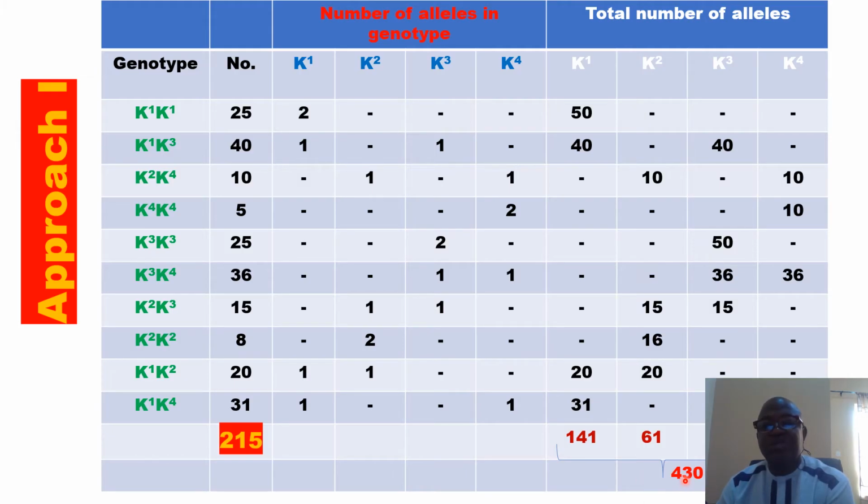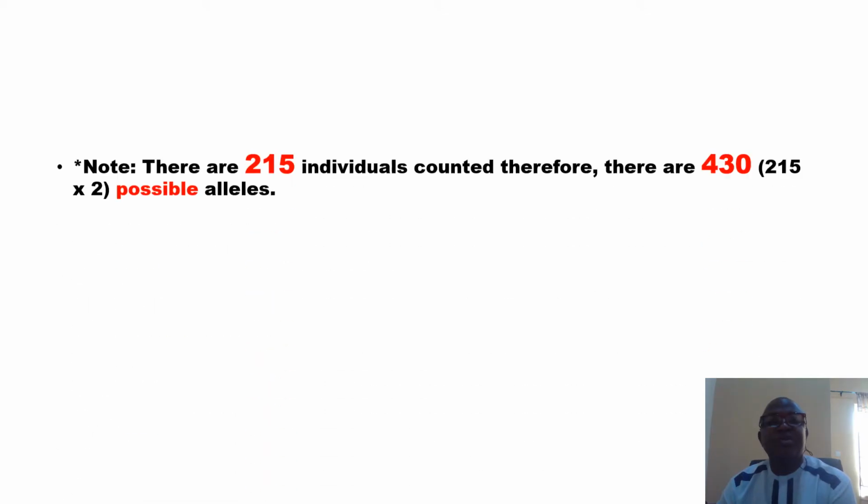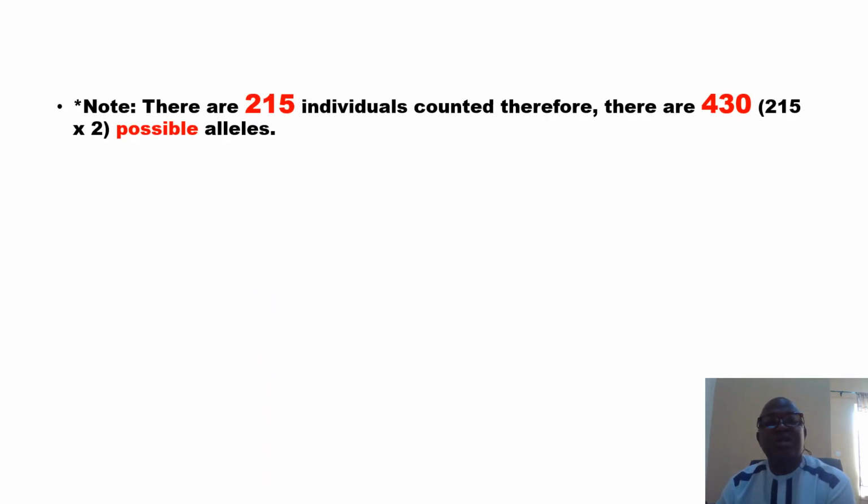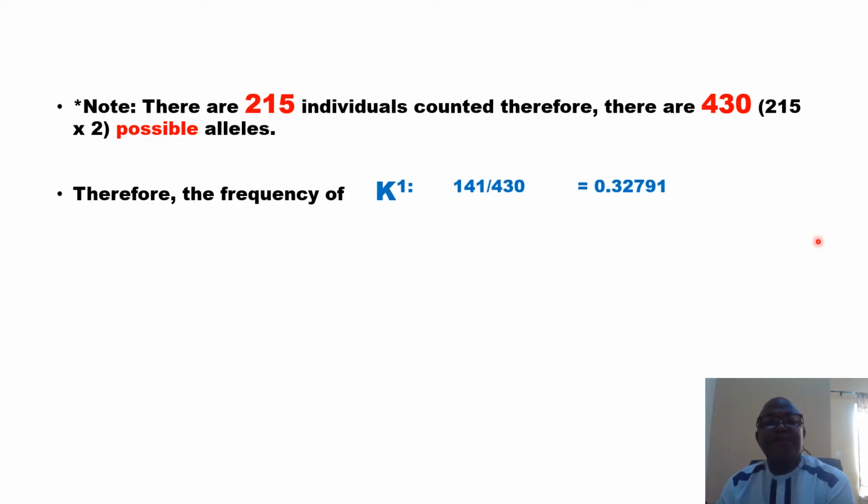You notice that this 230 is twice this value. So, like I said before, there are 250 individuals counted. Therefore, there are 430 possible alleles. And therefore, we can now estimate or calculate the frequencies of each of the groups.